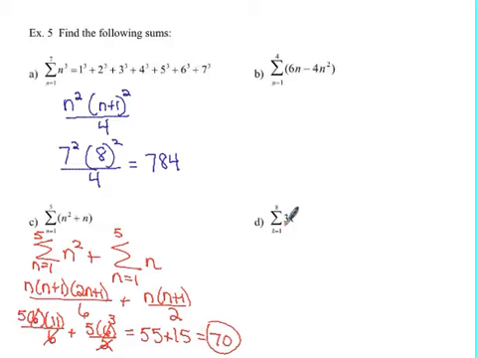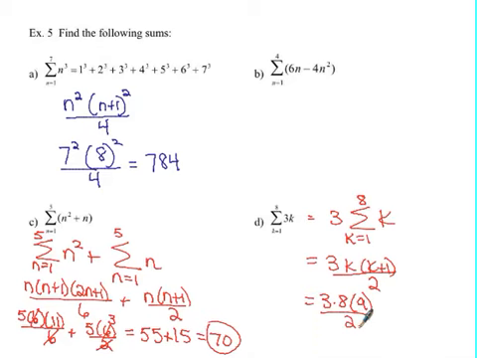So use the properties for summation to pull out the 3. Did you guys get 108?